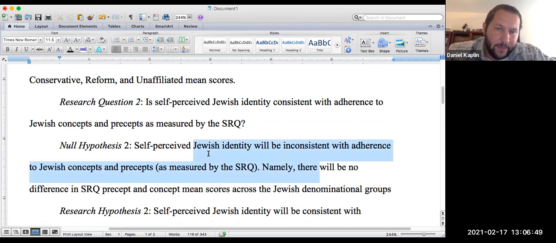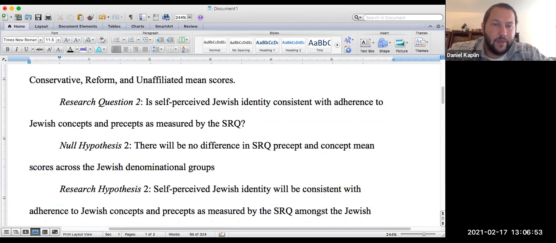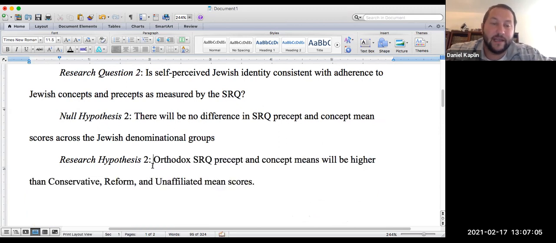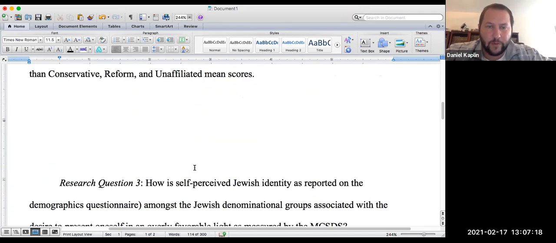And then the null hypothesis, again, there will be no difference in precept and concept scores across the groups, much shorter, right? The alternative hypothesis, again, I'm shrinking it. I'm going to upload this to the files section as well for your benefit. Orthodox SRQ precept and concept means will be higher than conservative, reform, and unaffiliated.